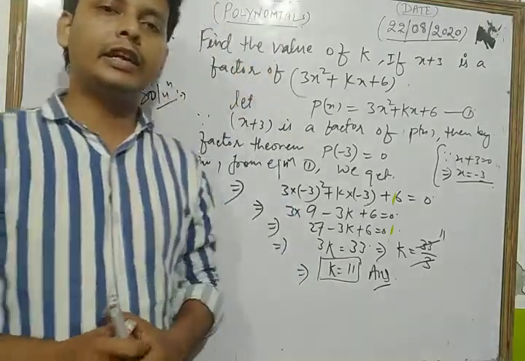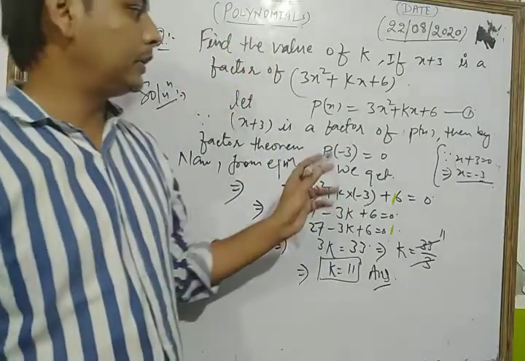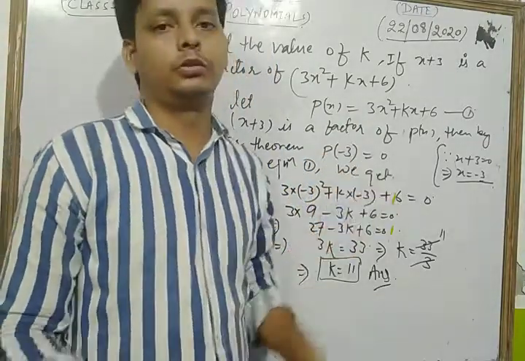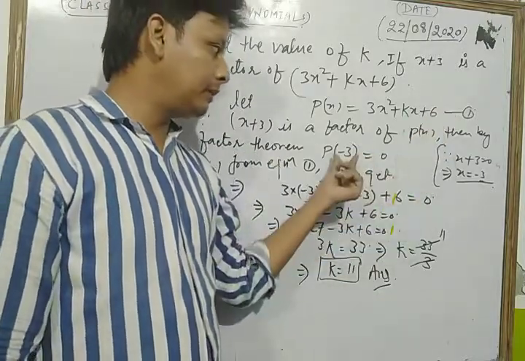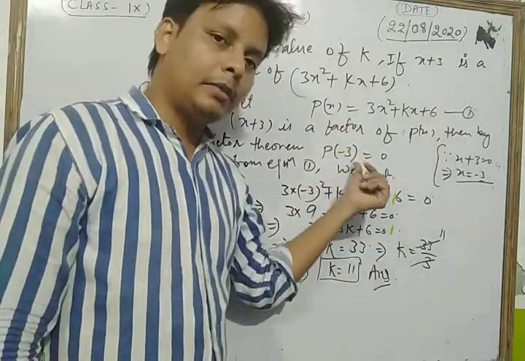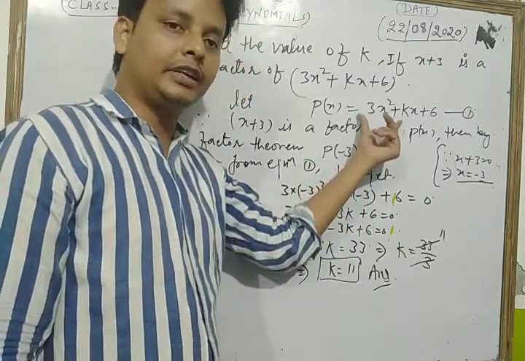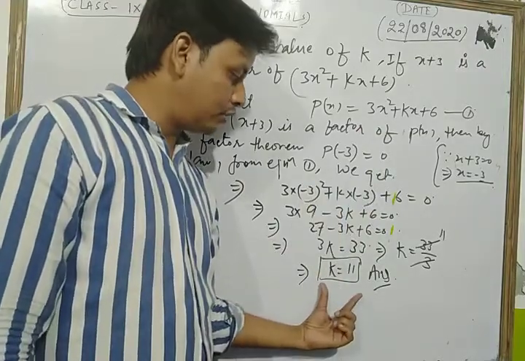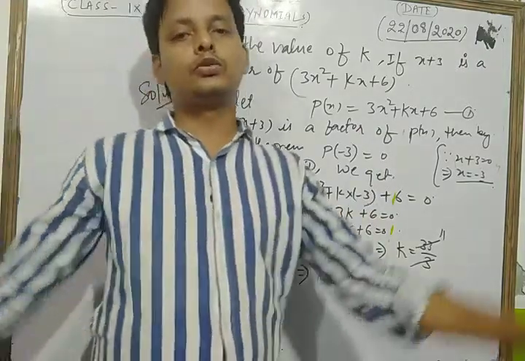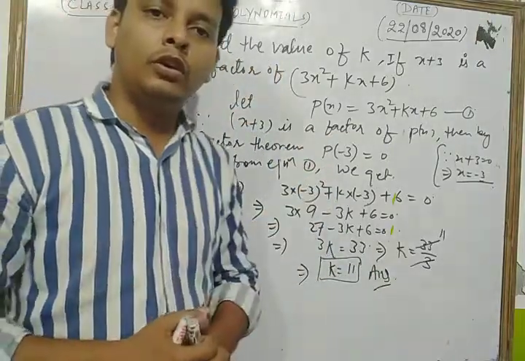So in this way here p of minus 3 must be equal to 0. Now using equation 1, we replace x by minus 3. So we apply this condition in that equation, and after solving this equation we get the value of k as 11.